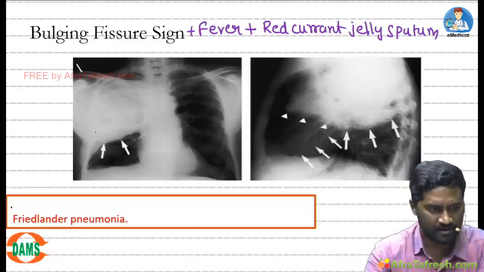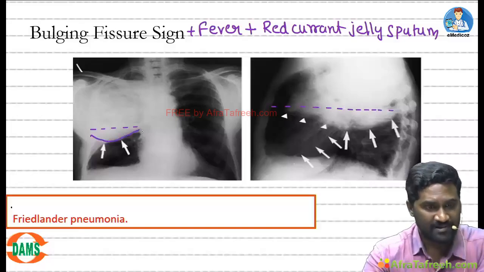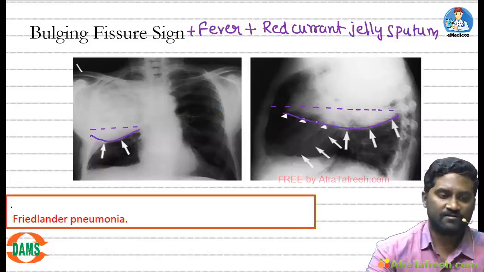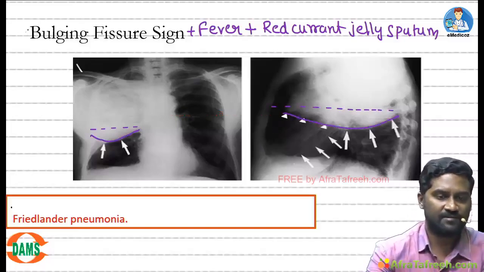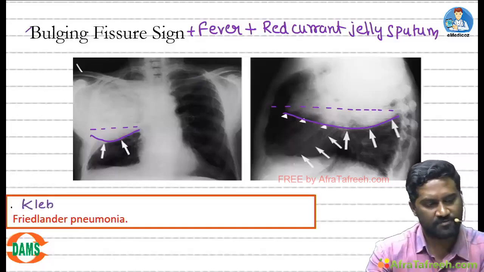What is this picture? Normally your horizontal fissure should be straight like this. Even in the lateral view, it is straight like this, but it has bulged down. What is this phenomenon called? Bulging fissure sign. If you see this, what should be your answer?